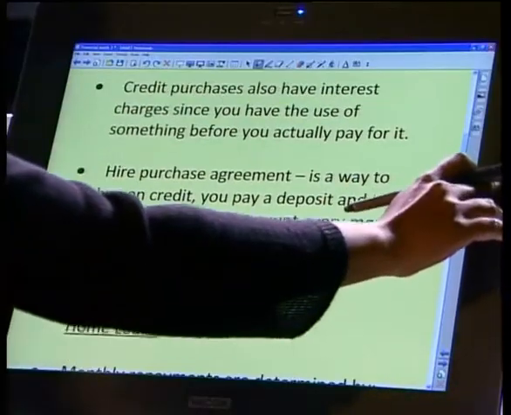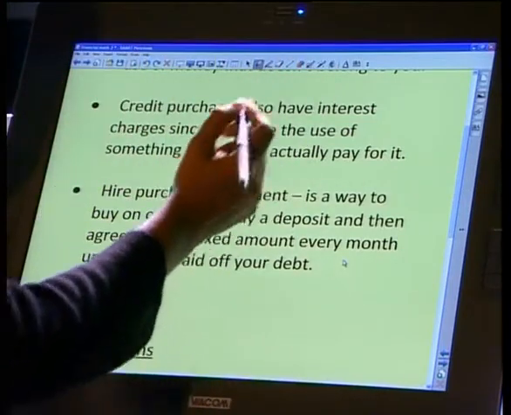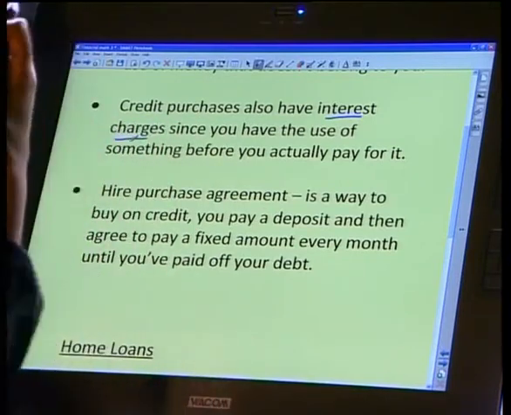Credit purchases. So if you go to a shop and you buy, for example, a TV on credit, those also have interest charges, since once again you have the use of something that is not yours. So you're using it now, but you don't own it. So in order to get that privilege, you have to make interest payments.